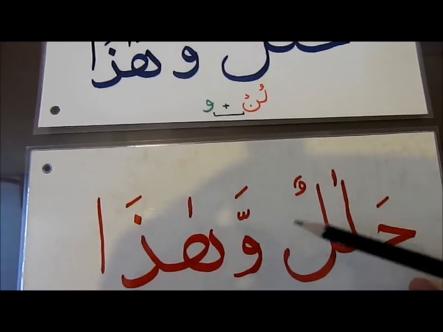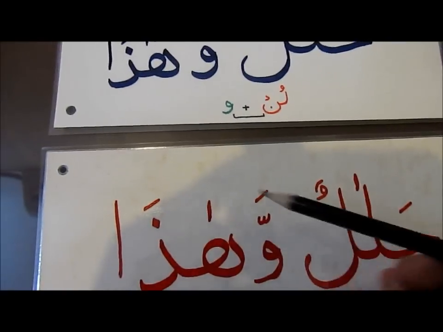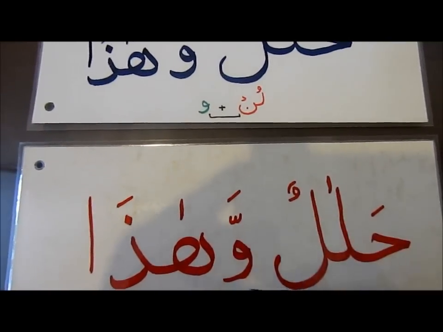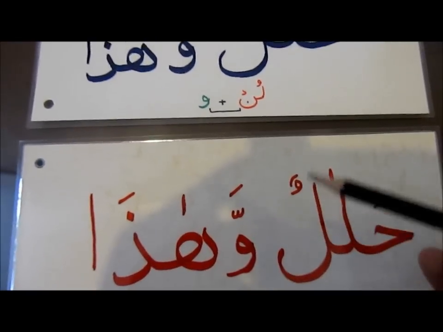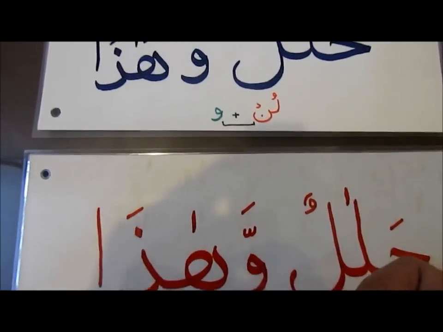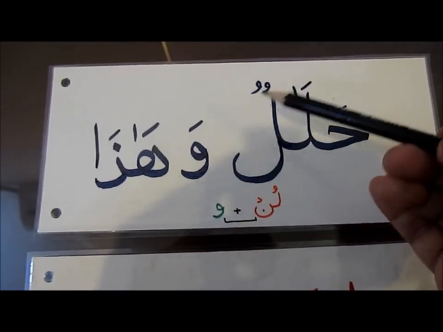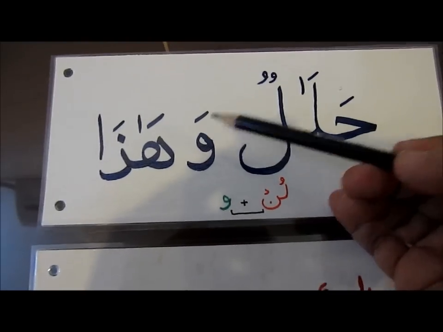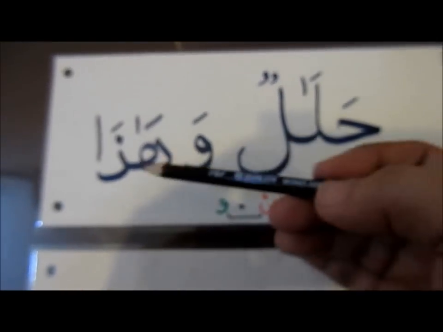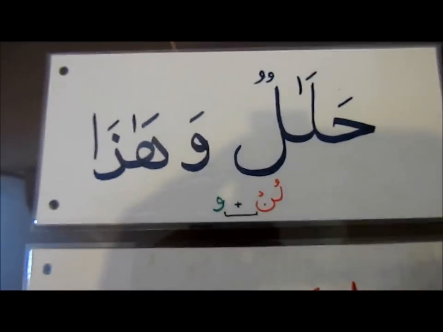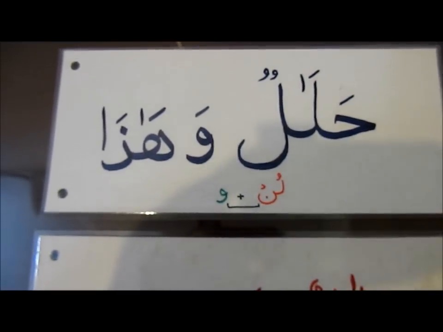Here, halalun wa hadha, because the reciter has to know how he or she is going to merge it. Halalun wa hadha, because this is incomplete. This is why they don't represent it with the shadda. So the reading, as you can see, is exactly the same, but it's that code that helps you understand, okay, this is what's happening here.